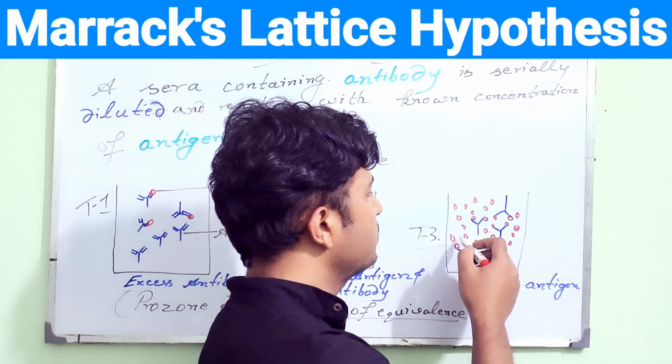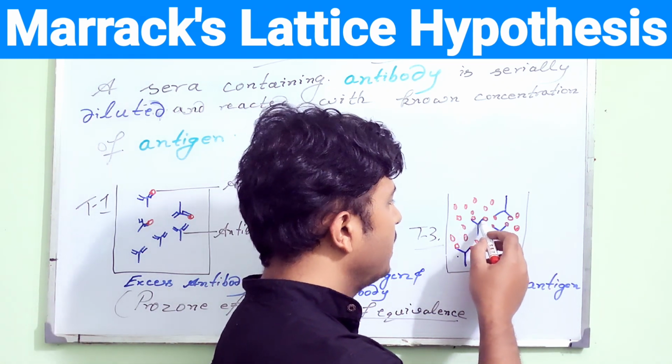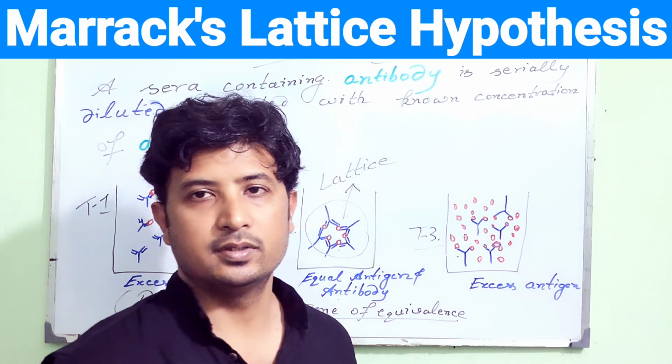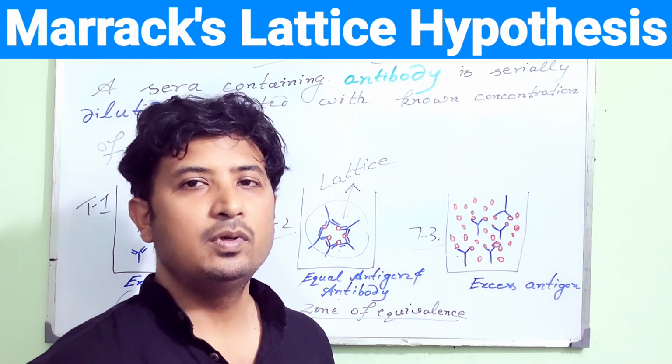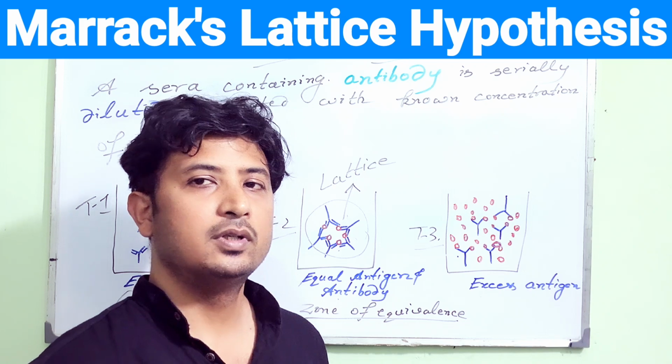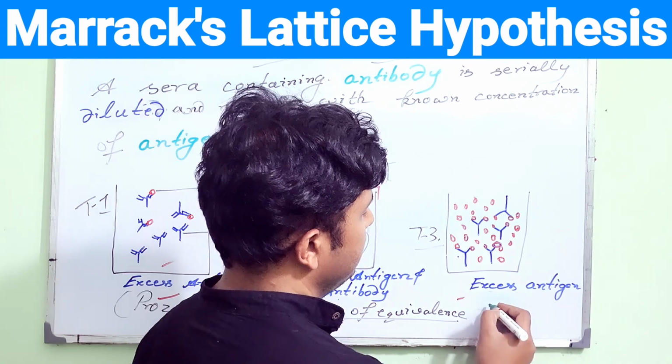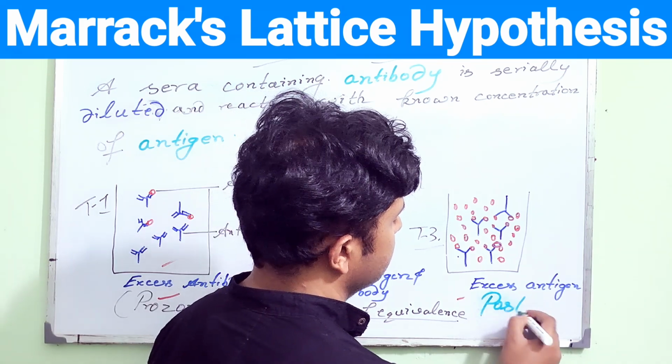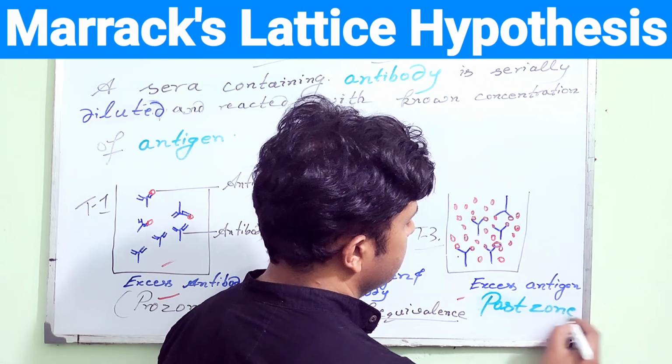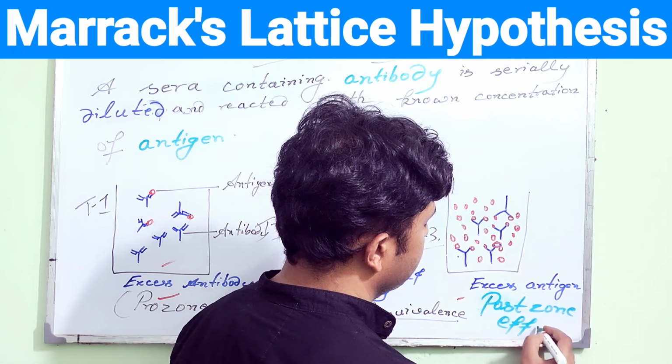The excess antigen will interfere with the antigens already bound to the antibodies, and that will inhibit the formation of the lattice structure. It will give you a post-zone effect.